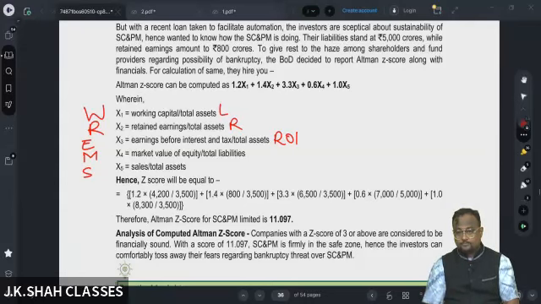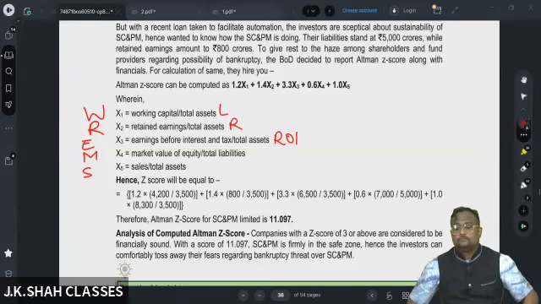Priyank, is this clear? प्रियंक गायब हो गया.